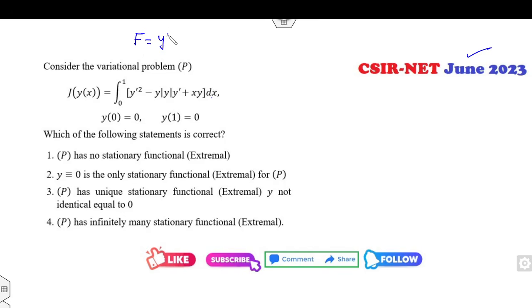f is y dash square minus y into y dash plus xy. You can see mod of y is positive if y is greater than 0, and minus of y if y is less than 0. This domain is for the x, not for the y.